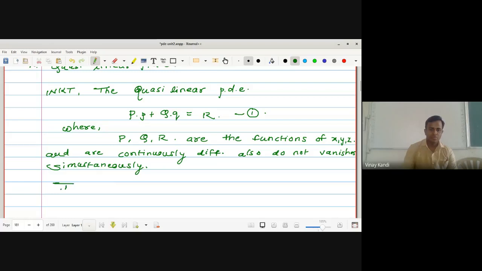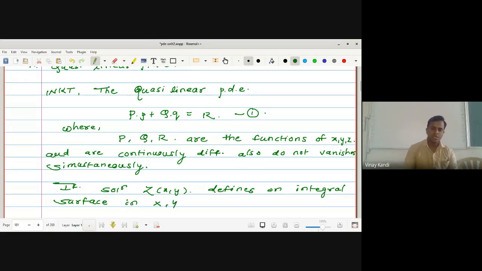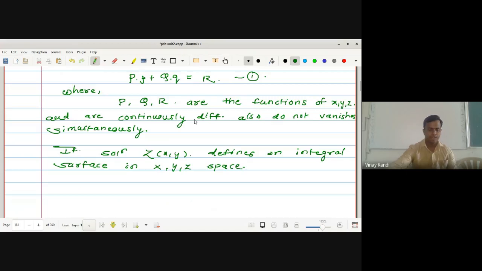If the solution z of x, y defines an integral surface in x, y, z space, 3D space, look at the geometry.